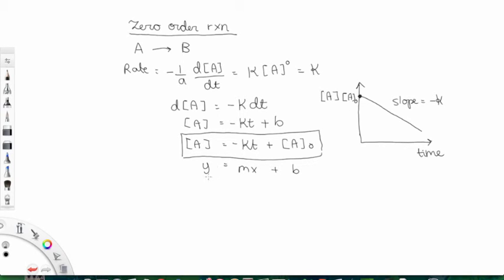We can also calculate the half-life for a zero order reaction.